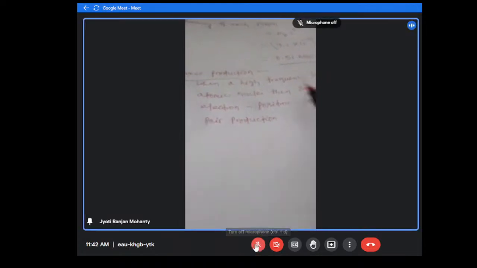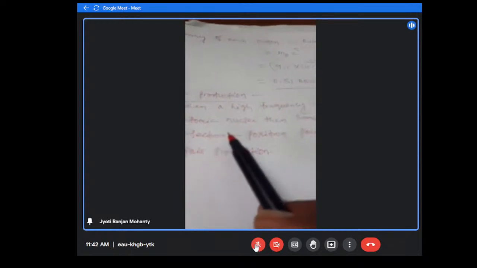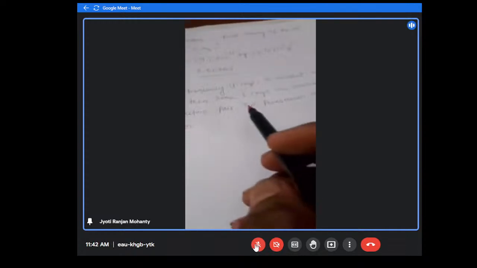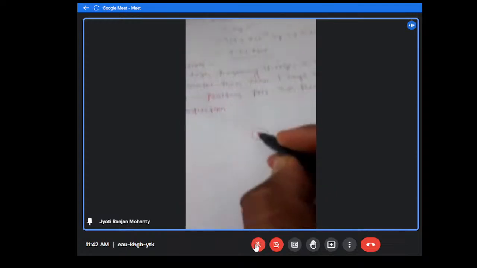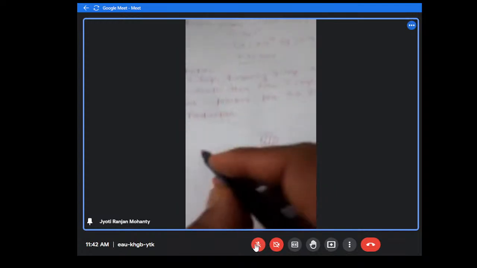So when a high frequency gamma ray is incident on an atomic nucleus, then some gamma rays are converted into an electron-positron pair. This phenomenon is called pair production. This is one atomic nucleus, and this is the gamma ray.